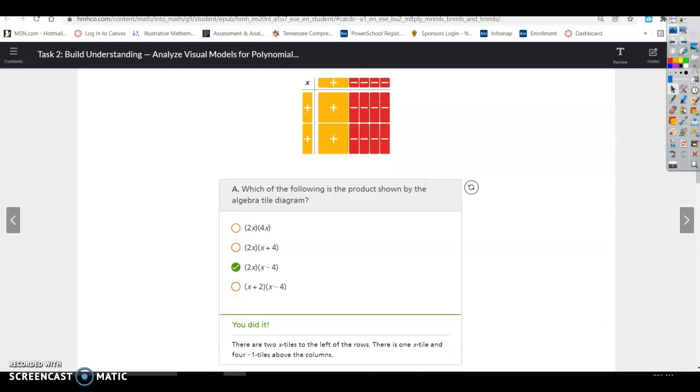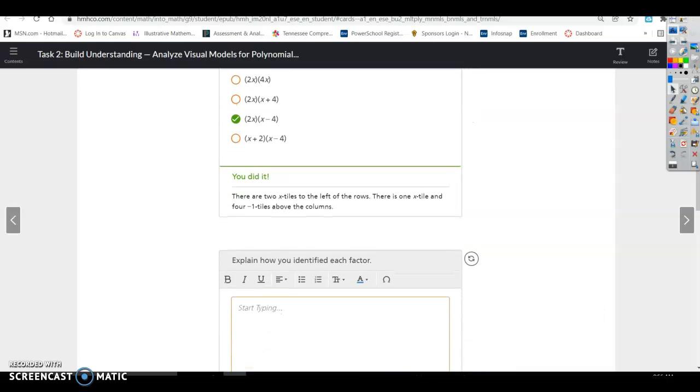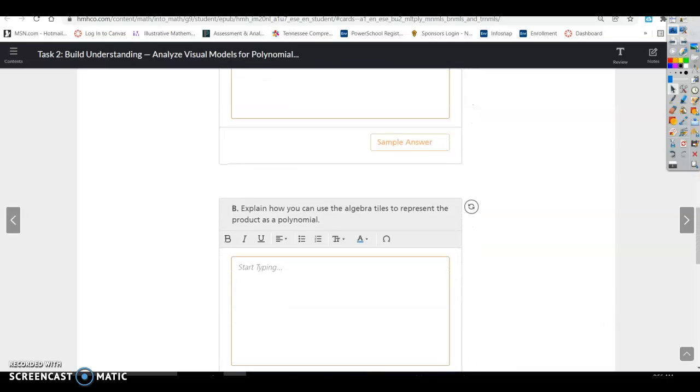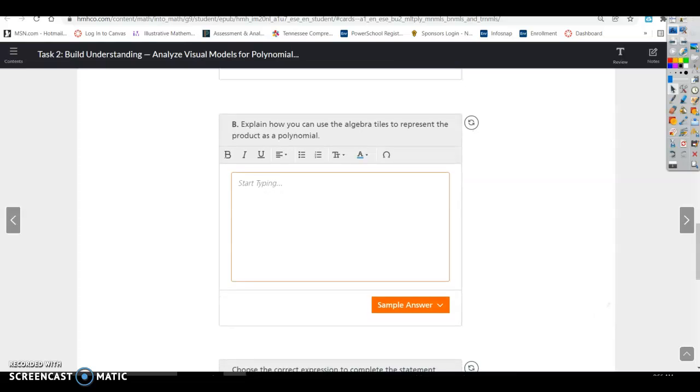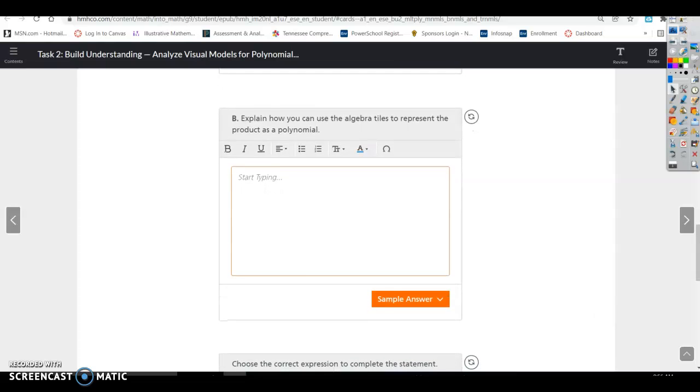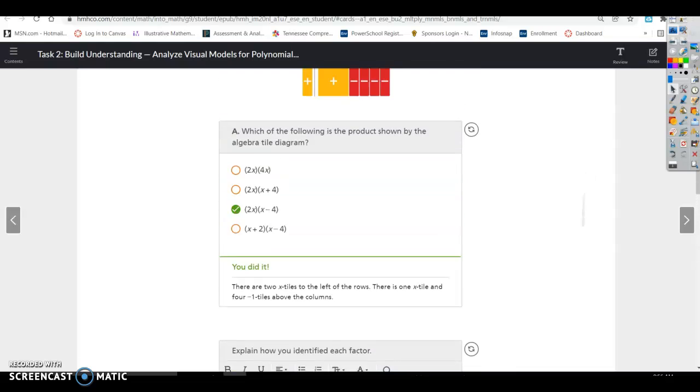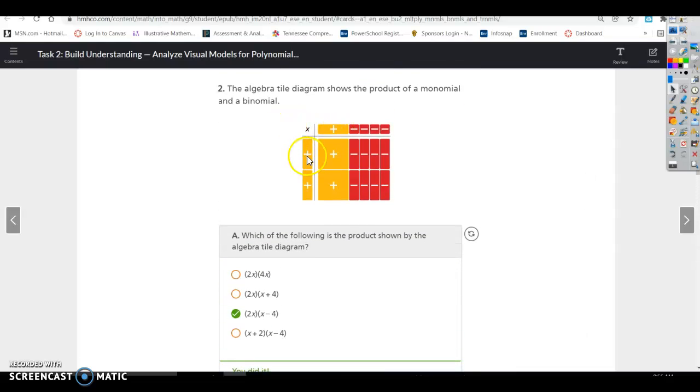If it's positive, it's got a plus. If it's negative, it has a minus. All right, so explain how you can use algebra tiles to represent the product as a polynomial. If we look at the algebra tiles, we can say x times x is x squared, x times x is x squared, and you can see that x times negative 1 here is negative x, and so on.